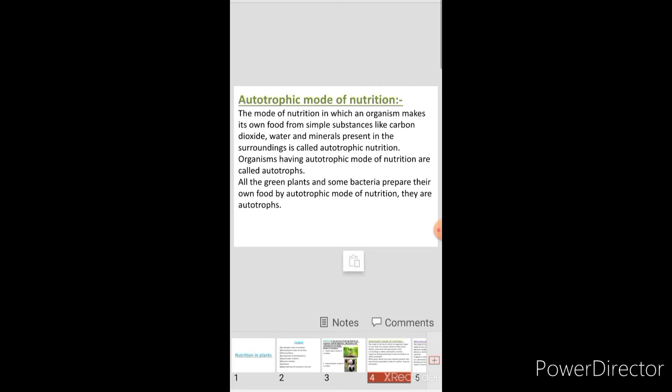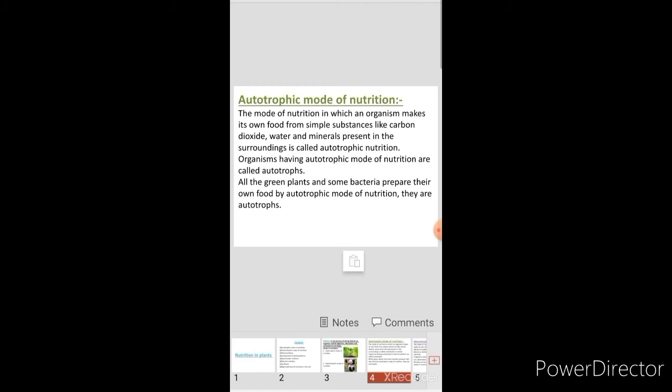The mode of nutrition means when the food is made by the organism on its own without any help of another organism, like plants prepare their own food. So it's called autotrophic mode of nutrition, the mode in which organisms make their food by themselves, like plants and all green trees.